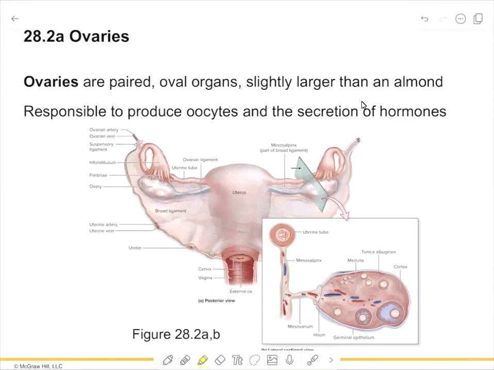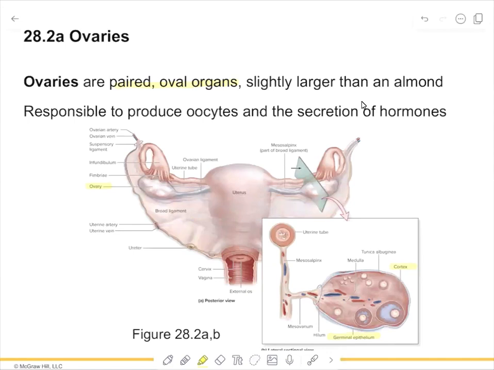In this case, though, it's showing in a little more detail the ovary, which are paired oval organs, slightly larger than almonds. So we see one ovary shown over here, and there's a cross-section of this ovary shown here with an enlargement on this part of the slide. So within this ovary, I want you to notice that there is germinal epithelium on the outer region of the ovary, also an outer cortex.